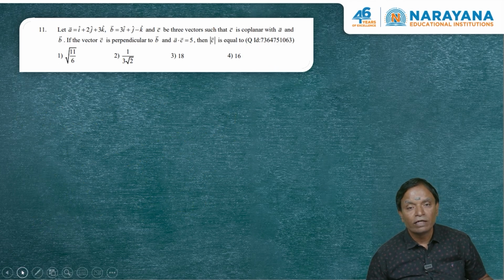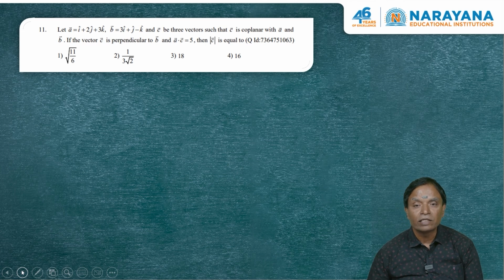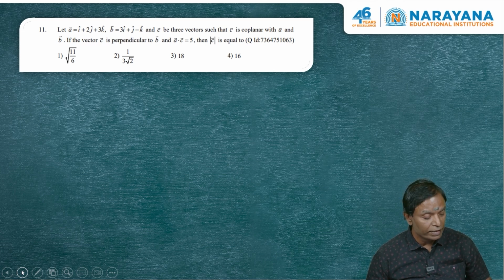You are given vector A bar. C bar is coplanar with A bar and B bar, and the vector C bar is perpendicular to B bar, A dot C is equal to 5, and then you are asked to calculate the modulus of C bar.